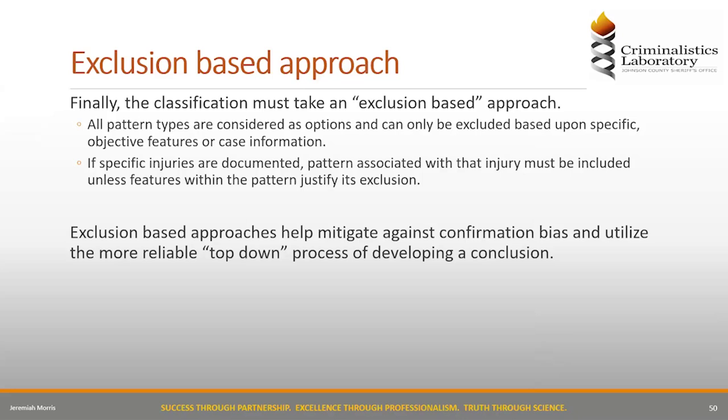If injuries are documented that can lend to a specific pattern type, you have to at least consider that and include that pattern type, unless you have objective information that justifies that exclusion. And that exclusion-based approach helps mitigate against confirmation bias. It helps mitigate against tunnel vision, against anchoring, and it's more of a bottom-up approach.